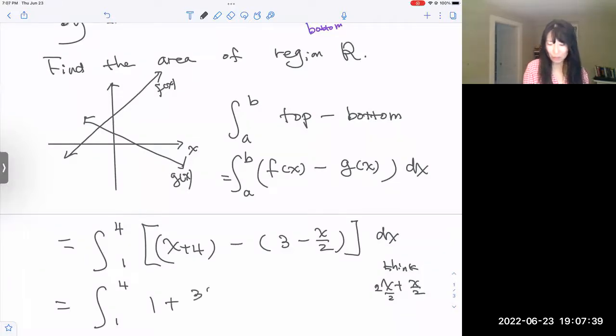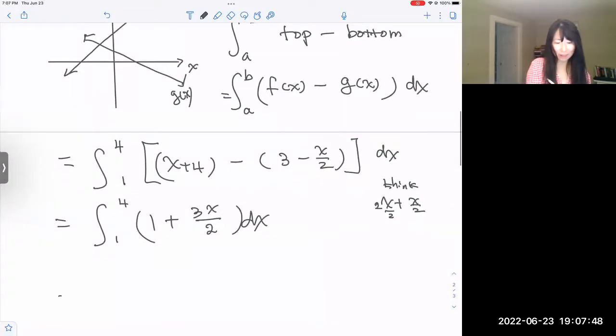We have 3x over 2, right? Now we want to integrate. So what do you get? We integrate 1, x.